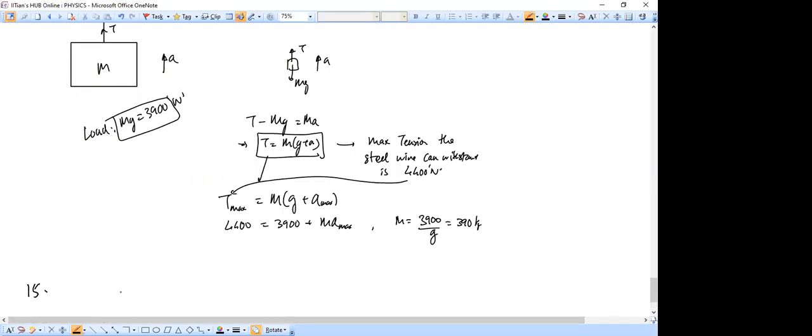It is said that the force acting on a body is 10 newtons, and the body moves in a straight line so that the relation between distance moved and time is given by s is equal to this, where c is equal to 1 meter per second square. From that we have to find the mass of the body.